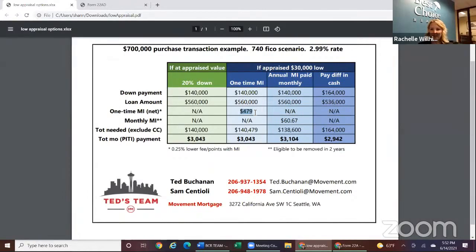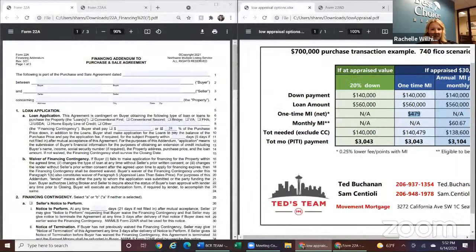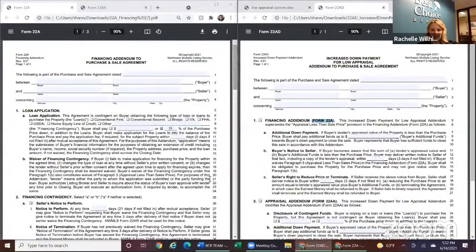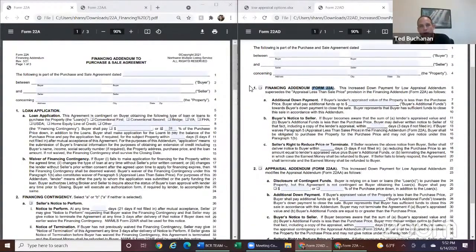So let's go back, Shannon, if you could, to the 22 AD real quick. In this scenario, the increased down payment, we're pre-negotiating the situation. It's a great credit score, right, Ted? Where's good and great? Yeah, in the lending world, 740 is actually the top of the scrap heap.